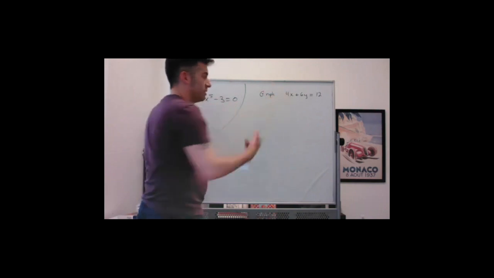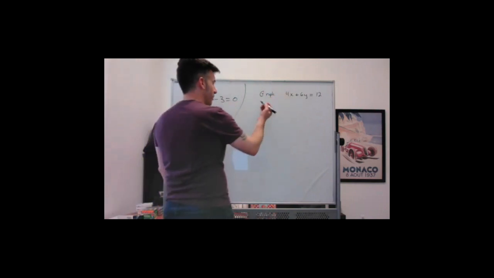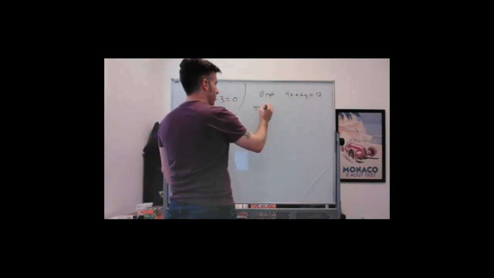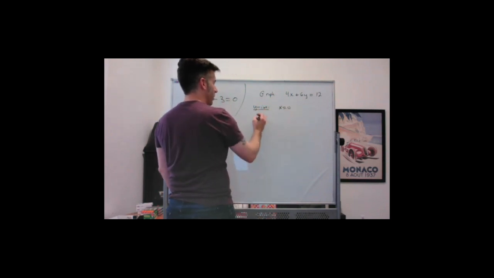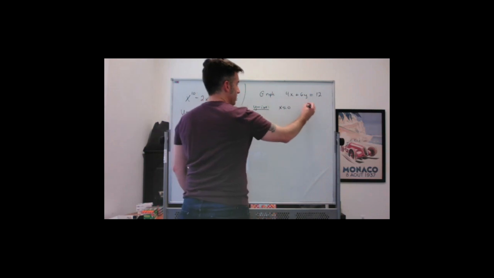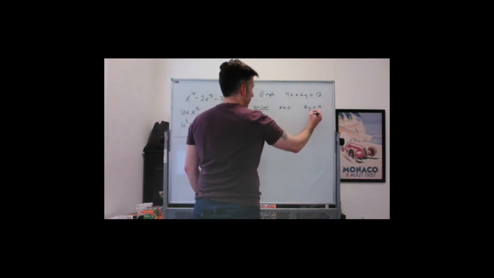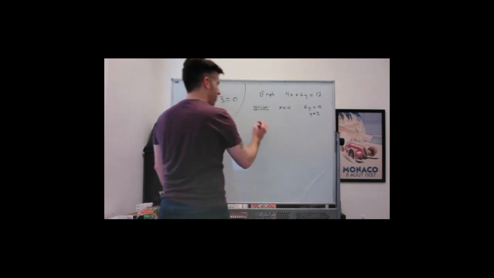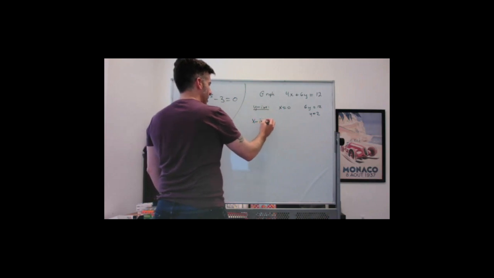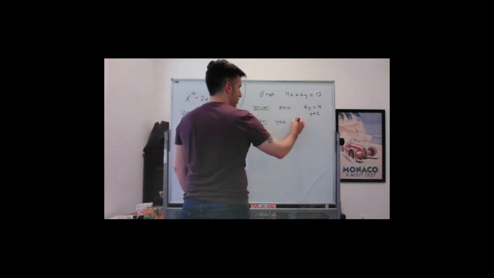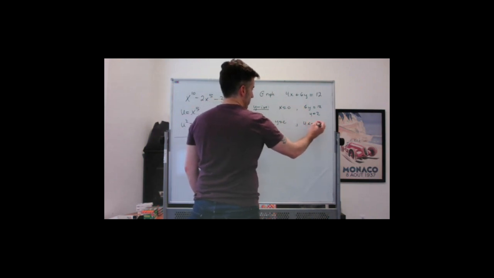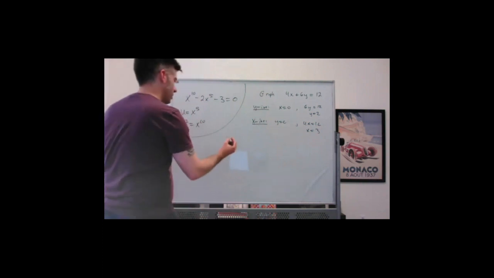So I'm going to graph this. It's a line. I'm going to find the intercepts. For the y-intercept, x equal to 0. I'm going to get 0 plus 6y equal to 12, so y is going to equal 2. For the x-intercept, we're going to set y equal to 0. So we're going to get 4x equal to 12. x is going to be 3.